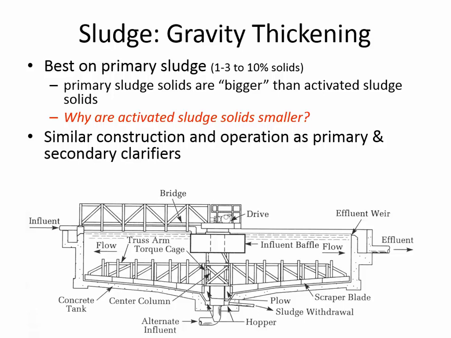And so, you know, the percentage is the mass of sludge relative to the mass of water plus sludge. Okay, so if we reduce the amount of water, it increases the percentage.